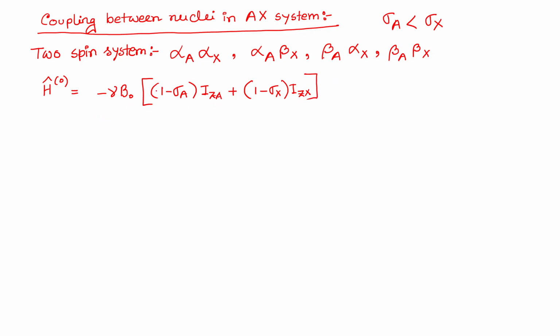So what would be the energy of this alpha A, alpha X kind of system? You know energy is an expectation value. So the unperturbed energy of alpha A, alpha X would be written in terms of psi 0.